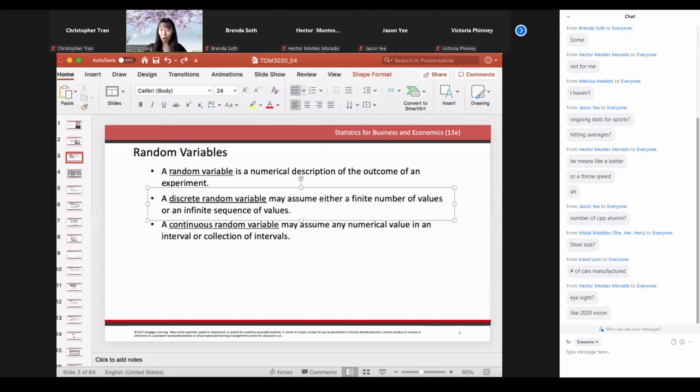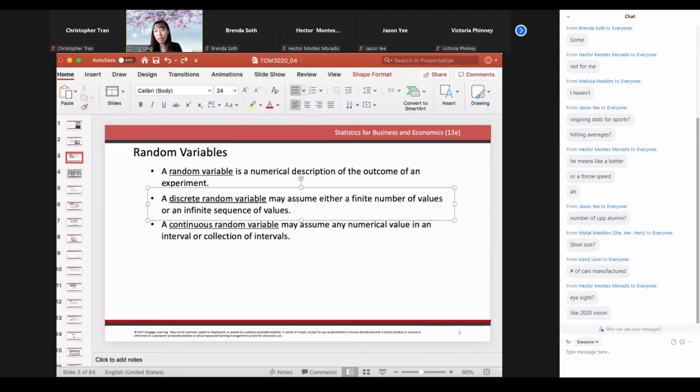You have to have a whole car. You can't have 0.7 car, right? 1 car, 2 cars, 3. How many cars? Eyesight, yeah, that's a good one. You've got like 1.8 or 1.3, 2.0. Oh yeah, 20/20 vision. Yes, that is discrete because you just have those limited numbers you can take.